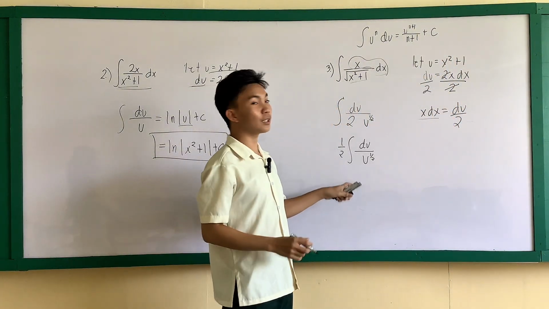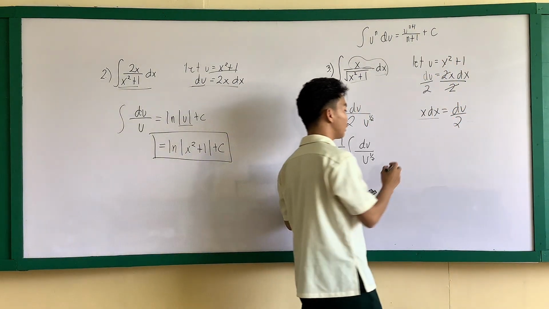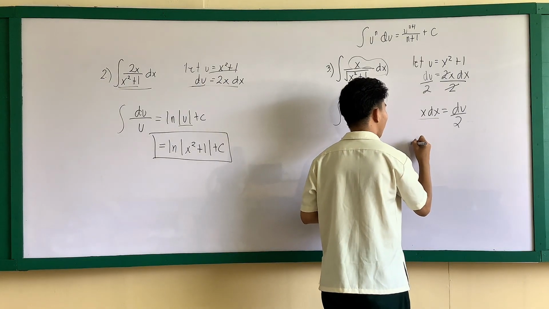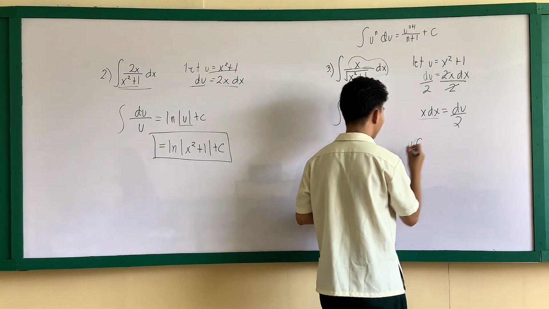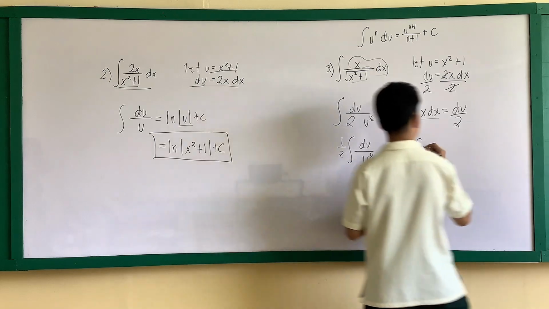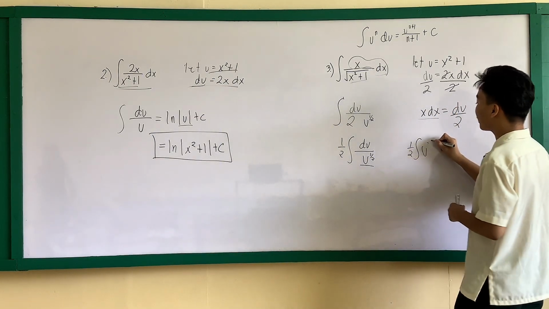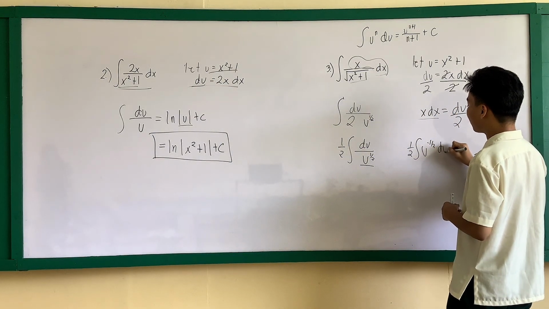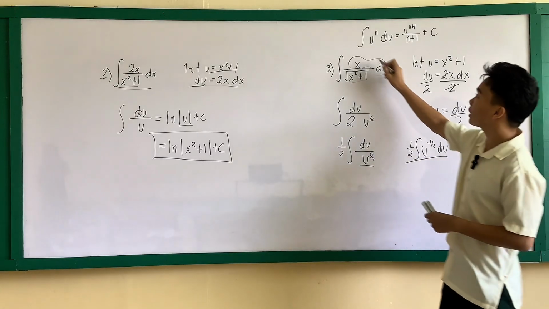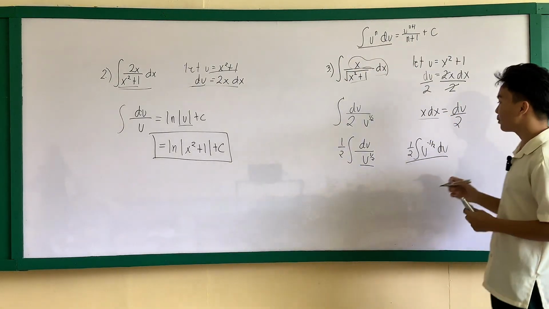So to apply it to our problem, let's rewrite it first. So 1/2 integral of, we raise the u to the numerator, so it becomes u raised to the power of negative 1 over 2 du. So as you can see, we can apply the power formula.